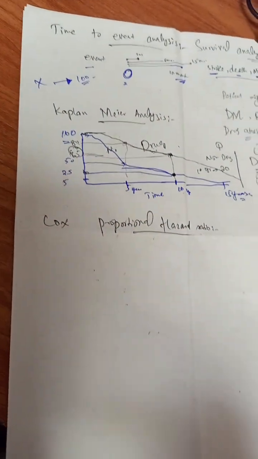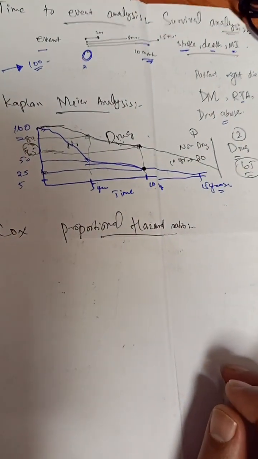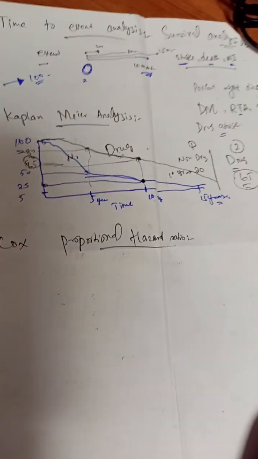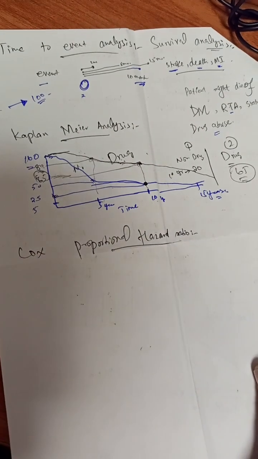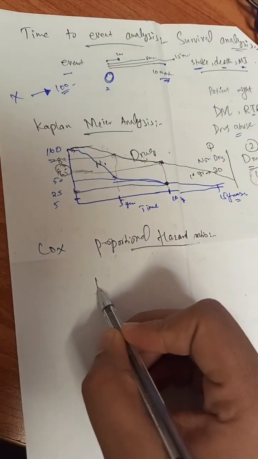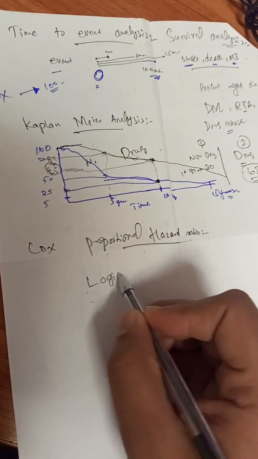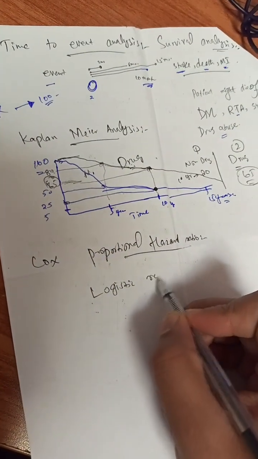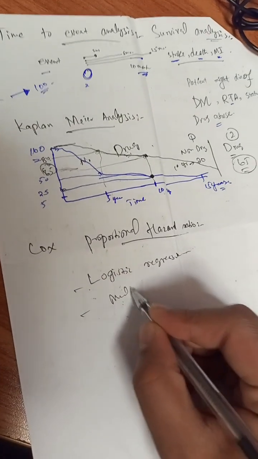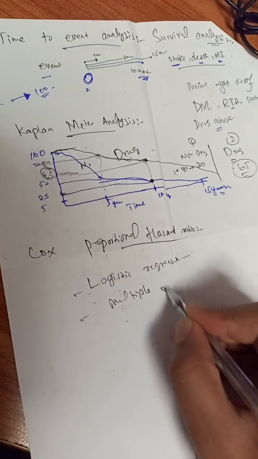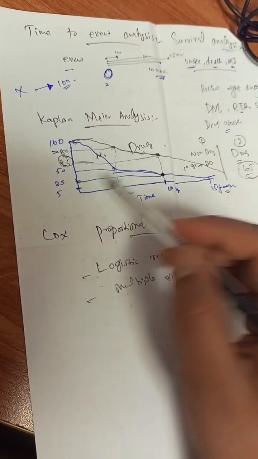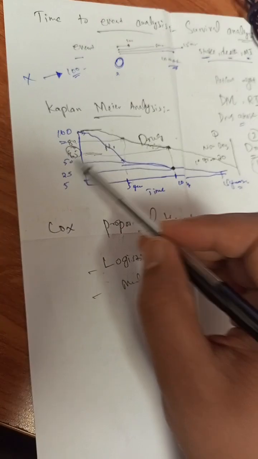Now we come to the Cox proportional hazard ratio, in which there is a comparison of logistic regression or dichotomous values, right? So it uses logistic regression. Second, it uses multiple variables, right? In the Kaplan Meier analysis, we used only one variable, drug versus non-drug.